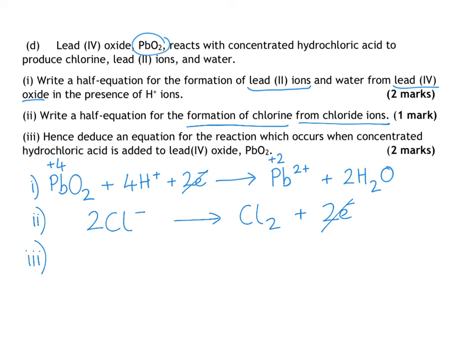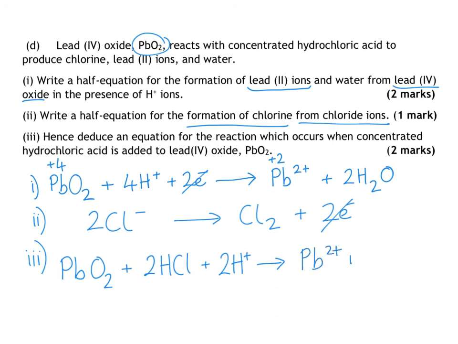And it says we're in the presence of HCl. So what I'm going to do is write my PbO2. I've got 4 H pluses and 2 Cl minuses, so I can make 2 HCl's from that. And then there are 2 additional hydrogens that get used up. And then my products, I'm going to make Pb2+ ions, I'm going to make chlorine, and I'm going to make 2 molecules of water, and it doesn't matter how you write those, what way round.